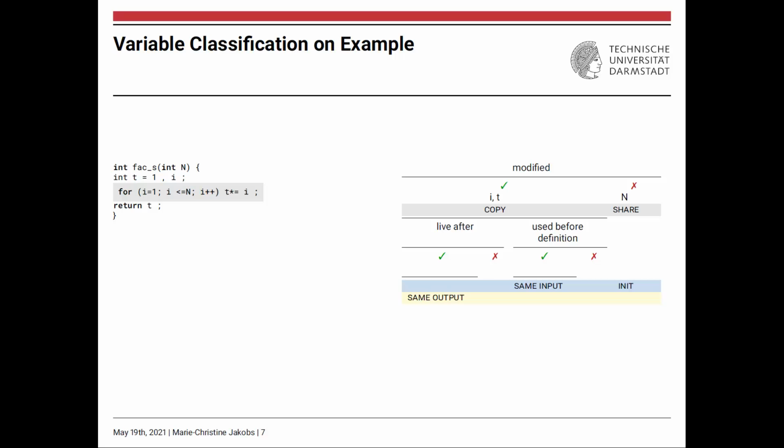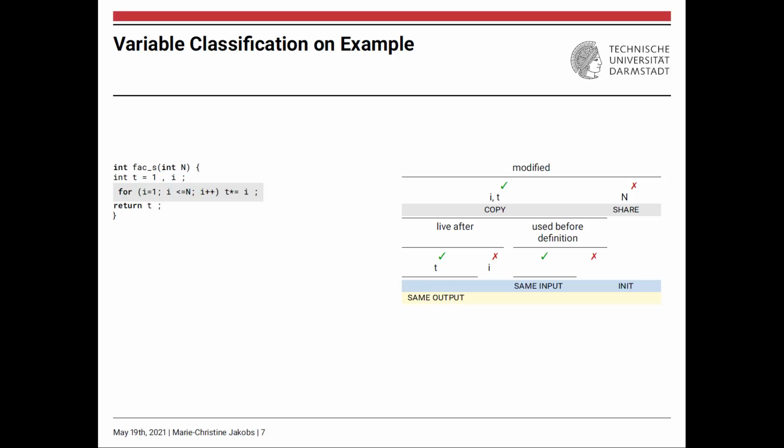Now let's have a closer look at the modified variables i and t. We see that t is used in the return statement, so it is live afterwards. In contrast, variable i only occurs in the code segment itself and never occurs afterwards, so it's not live afterwards. And now let's have a look at whether variables are used before definition.